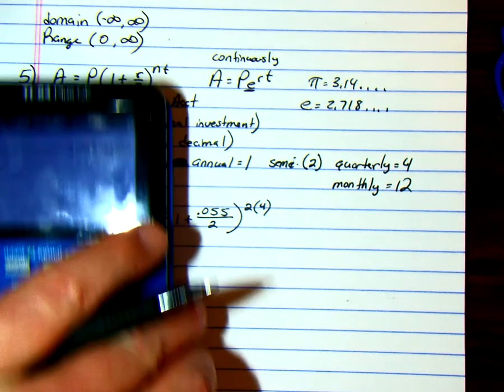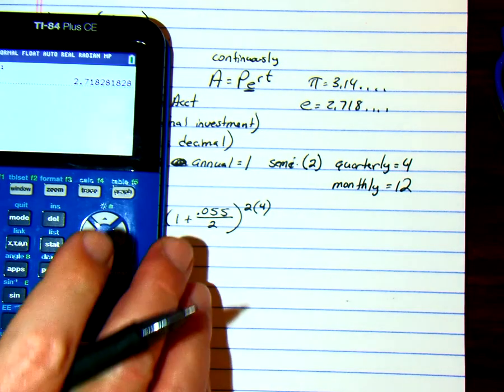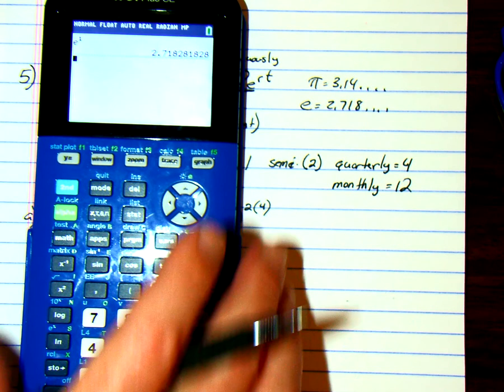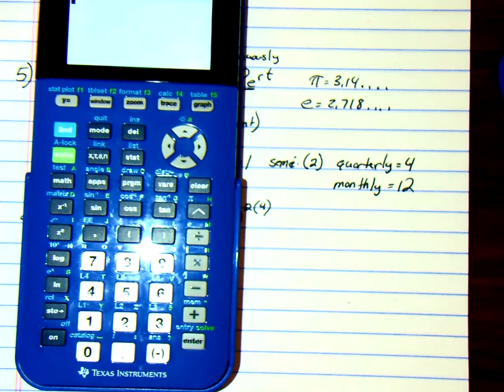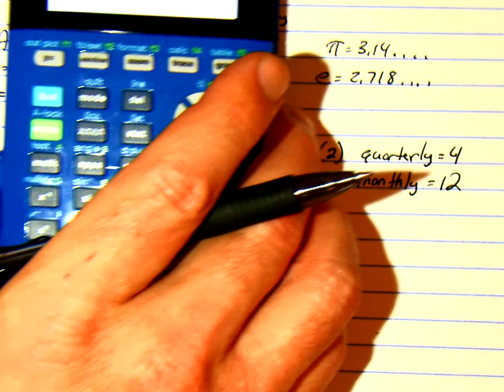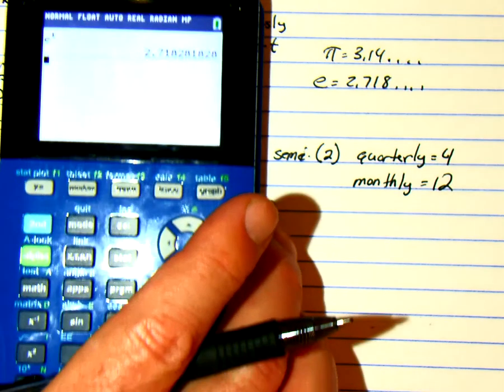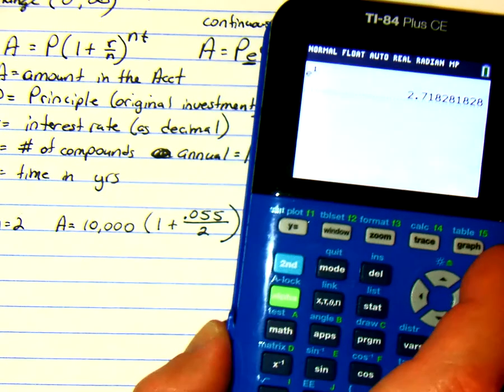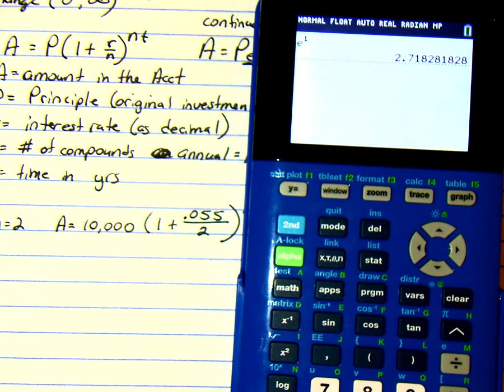So in part 4.1 here, this is a complete calculator exercise. Okay? So we have $10,000 that we're going to invest.